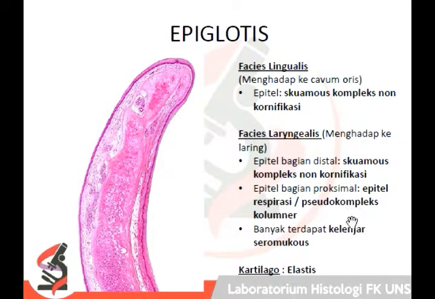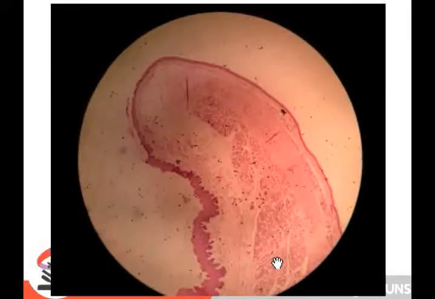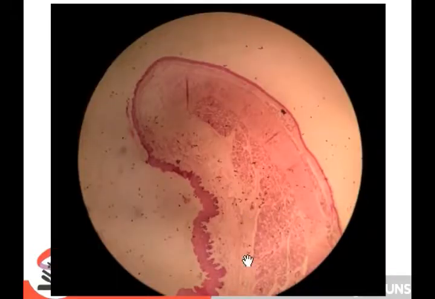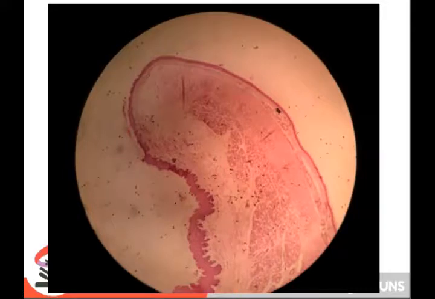The distal and proximal aspects also have different types of epithelium, as you can see, and it is strengthened by elastic cartilage. Here's the macroscopic view of the epiglottis, and you can see the lingual surface and the laryngeal surface.